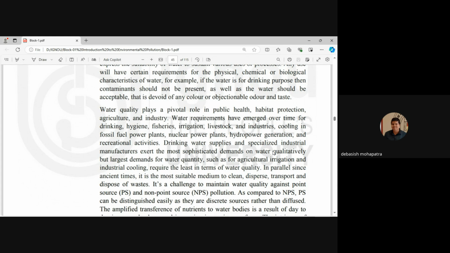Okay, if the water quality is not good, it will not be supplied to the public. Okay, so the maximum interest is statutory health.